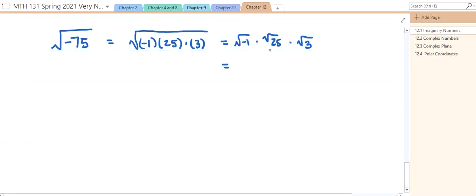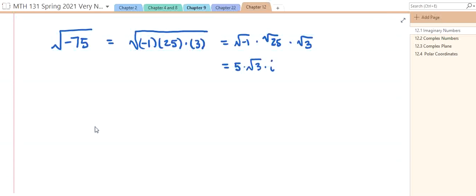So this equals 5 times the square root of 3 times i. Put a little dot in there to indicate that, because the square root of minus 1 is i, the square root of 3 is irreducible, and the principal root of 25 is 5.